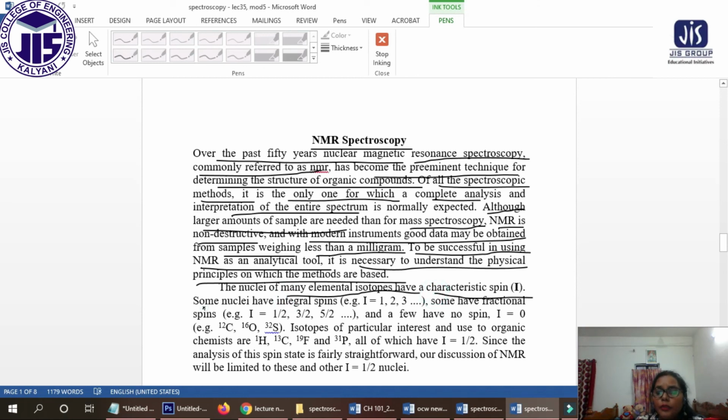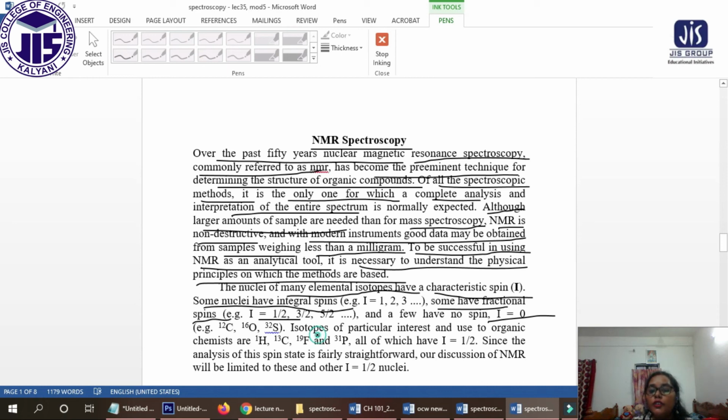Some nuclei have integral spin, like 1, 2, 3, and some have fractional spin, like I equals half, 3 by 2, 5 by 2, and a few have no spin, like I equals 0, such as C12, O16, S32.